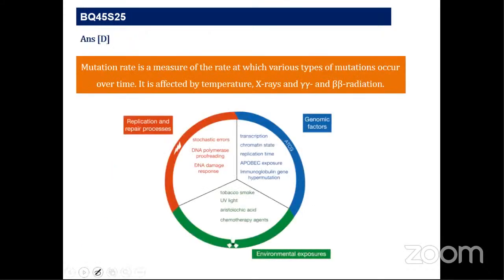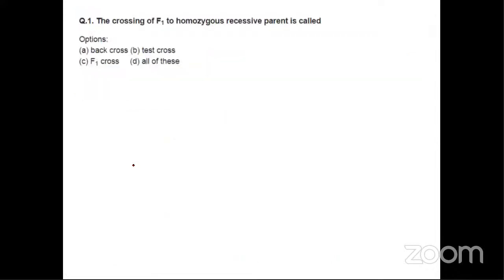Okay. Next question. Now, next question is the crossing of F1 to homozygous recessive parent is called. Very easy question this is. F1 को homozygous recessive parent से cross कराया है. What kind of cross are we talking about? Very good, Darshini, Mahek.